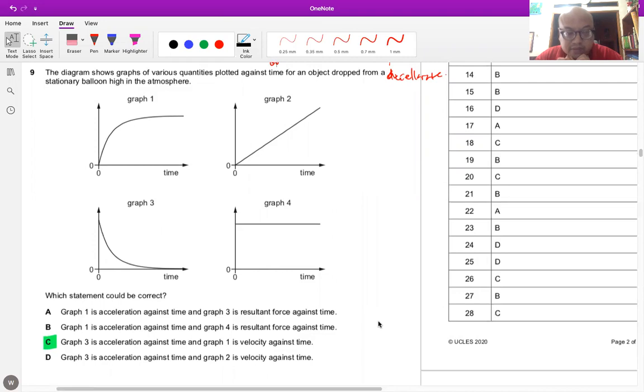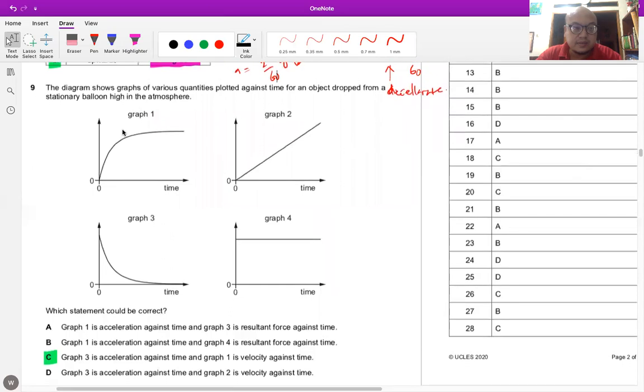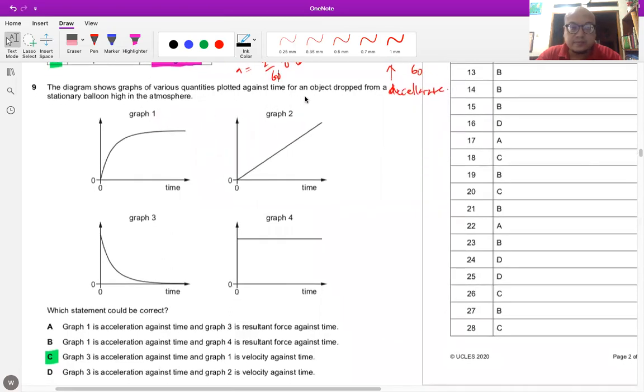Graph 2 is resultant force against time. Graph 3 is resultant force against time.